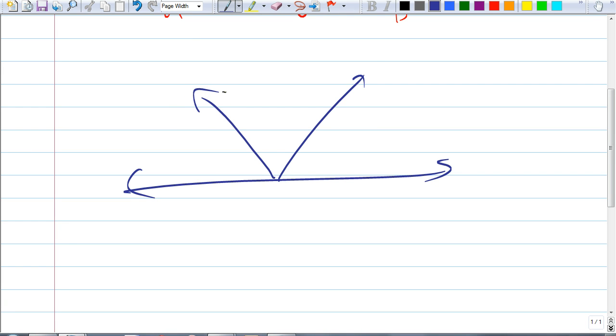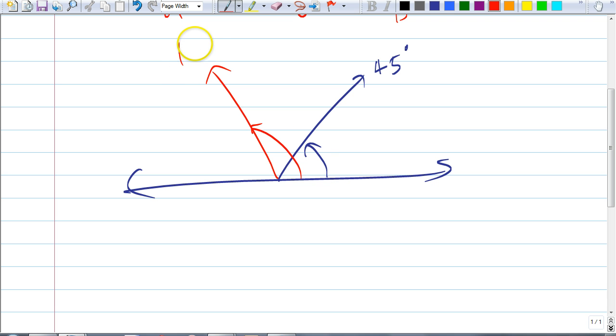So let's say that I have this angle right here is, I don't know, 45 degrees, okay? And what's this angle going to be? This one. So do you know how to find, what would this be? About 135, fine, okay.